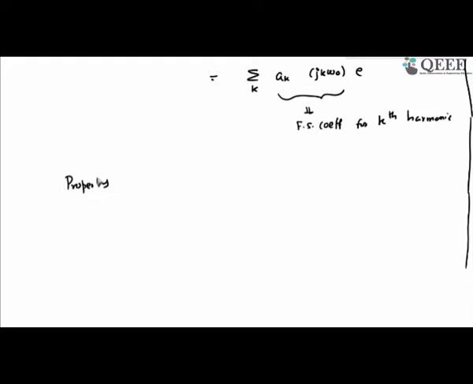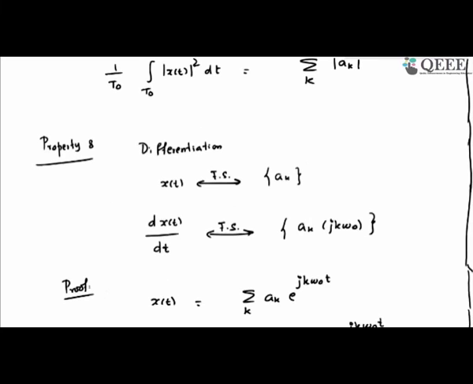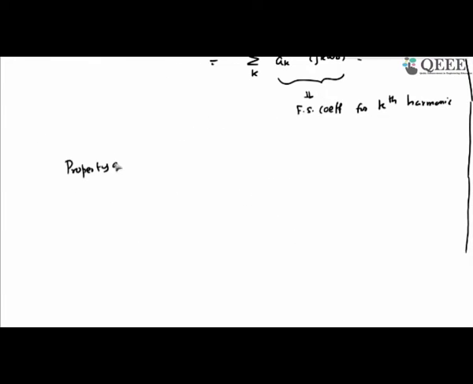So we are at the last property, which is property 9, I think, the integration property. If we integrate, for instance, let x of t be sum over k ak e power jk omega naught t.